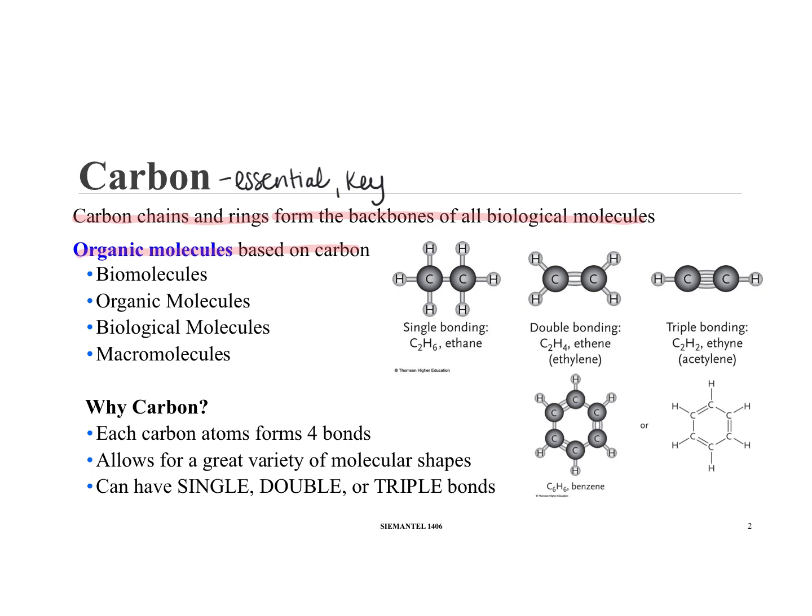We also refer to them as biomolecules, organic molecules, like I've mentioned, biological molecules, or sometimes we call them macromolecules because they are large. All of them are referring to the molecules that use carbon as their base element in their composition.